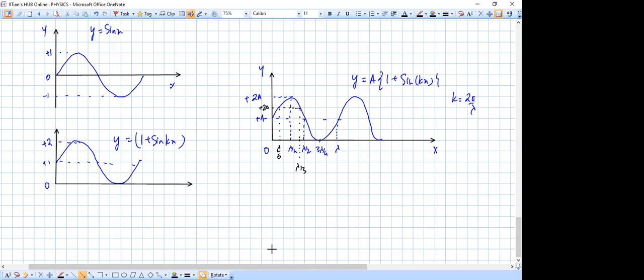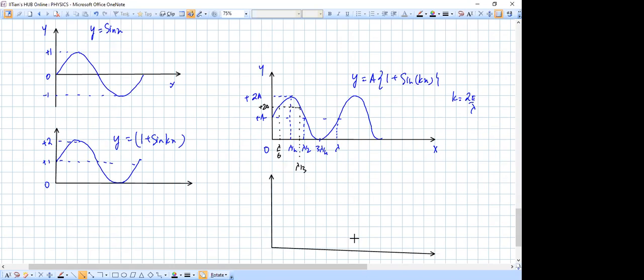that graph that we have drawn, starting from this point, so the whole graph is shifted back accordingly. So the graph is starting from this point.